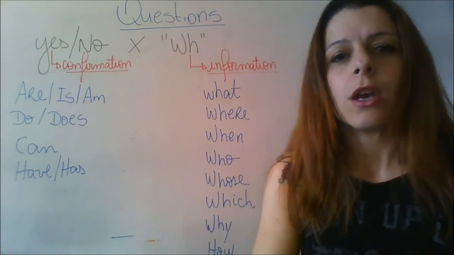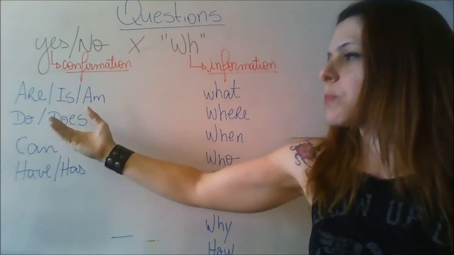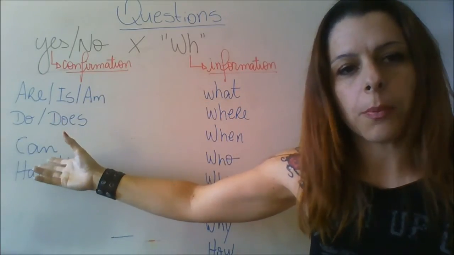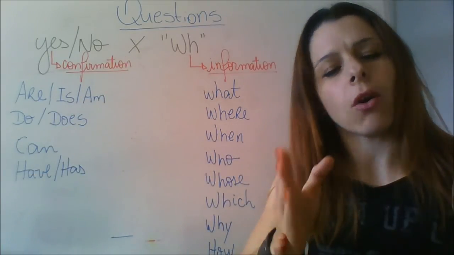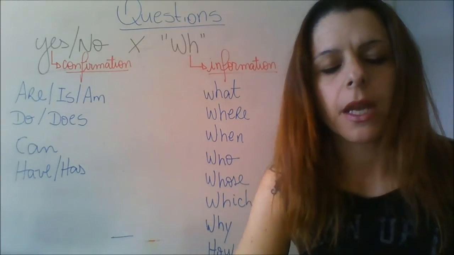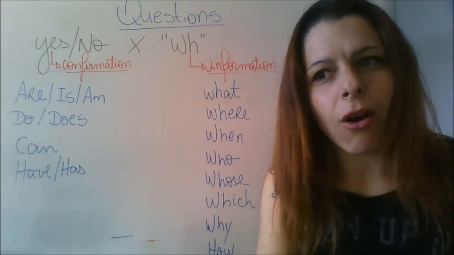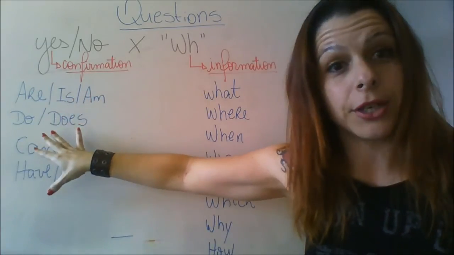Okay? So guys, this part of the topic has a specific order to follow when you formulate questions. But it's almost the same. You have to use the same rule that we apply here.